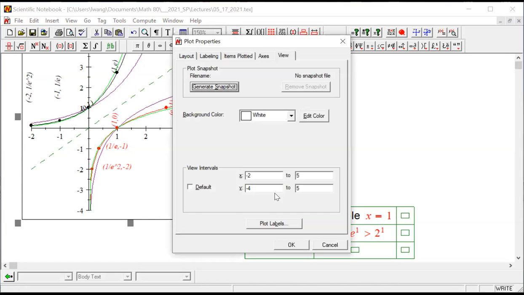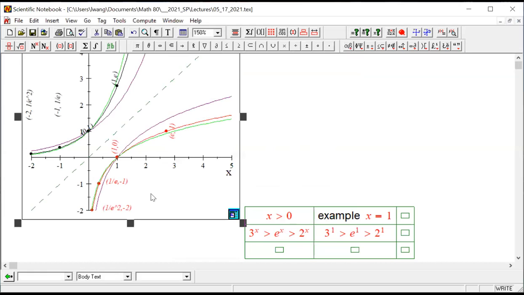And the other piece I'm gonna make apart is that this is maybe -1, -2 first. But you can see the green is below the black, okay? The green is 3 to the power x, the purple is 2 to the power x, and the black is e to the power x. You guys see that?